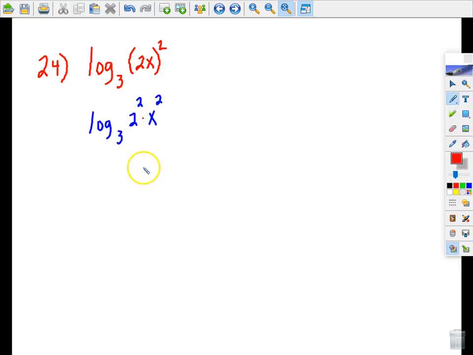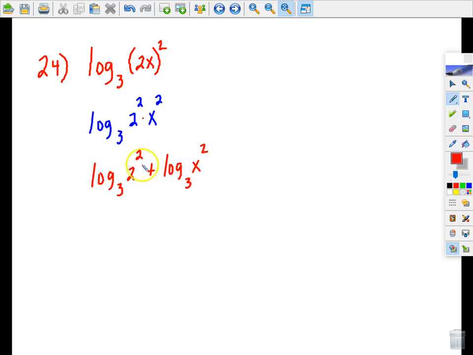Okay, so I'm going to use, again, the power property. And I'm just going to show them one at a time. So log base 3 of 2 squared, which is, just go ahead and show that, plus log base 3 of x squared.